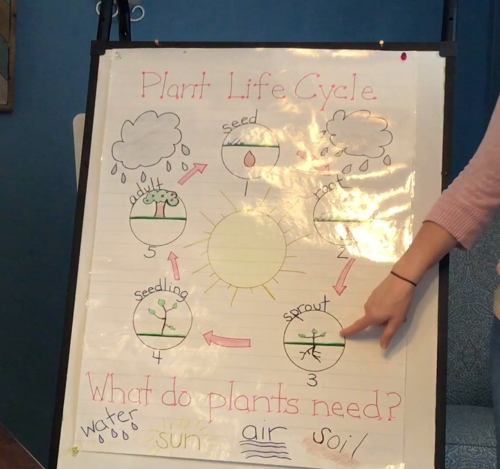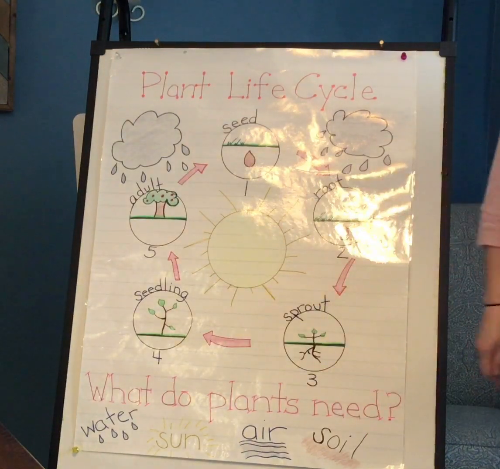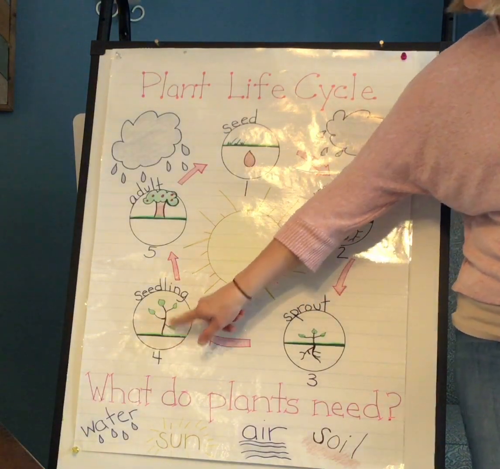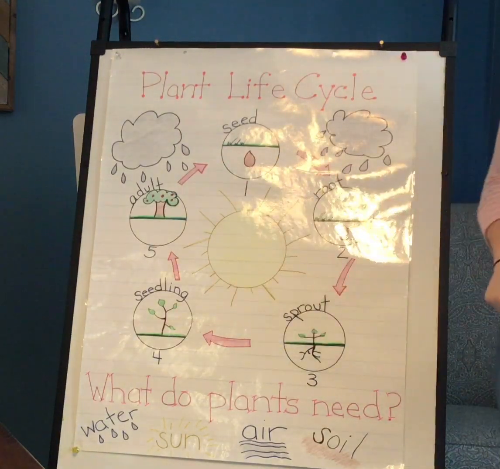And then that sprout next keeps growing bigger and bigger, and we start to see it get taller, get stronger, have more leaves on it maybe, and we start to call that sprout a seedling. So the fourth step in the plant life cycle is that sprout turns into a seedling.